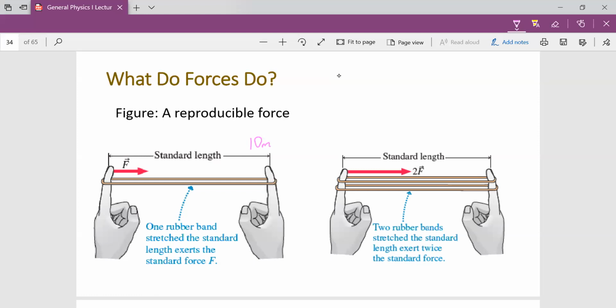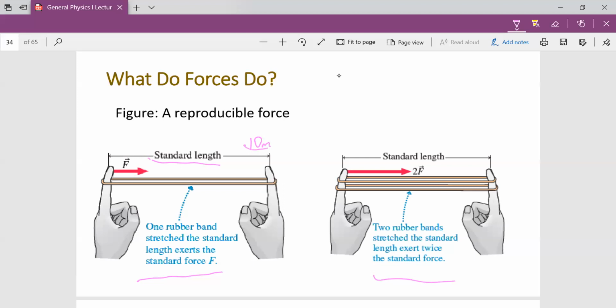But remember, we want to be able to say, okay, we can reproduce this kind of force anytime. So what we did was to use a ruler, measure the distance called the standard length, about 10 meters. Just stretch, you notice, with one rubber band on the finger. If you try to add another rubber band, as in this case, you tried it with one, you notice the force pulling it back when you did the standard stretch of about 10 meters.